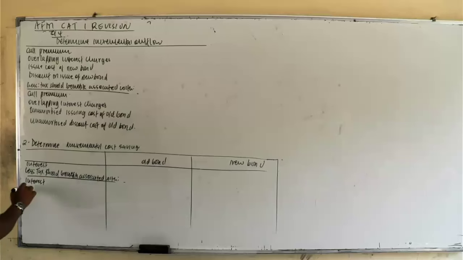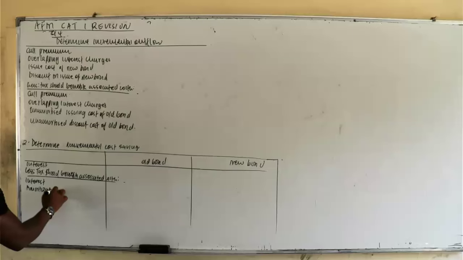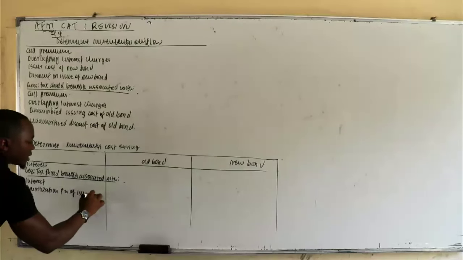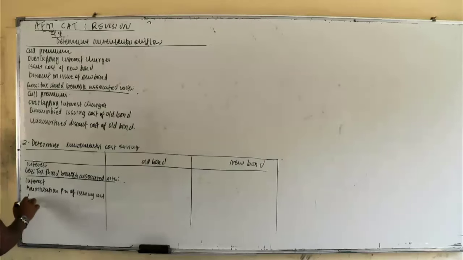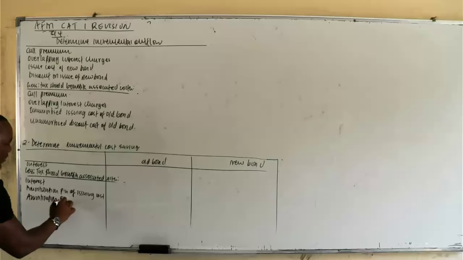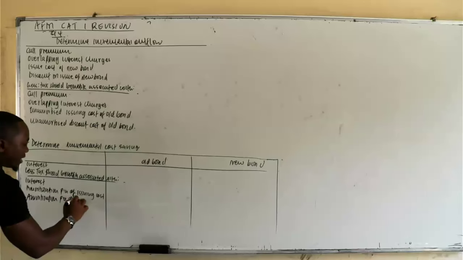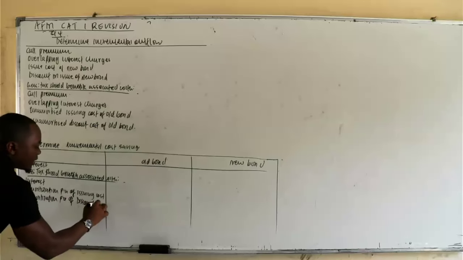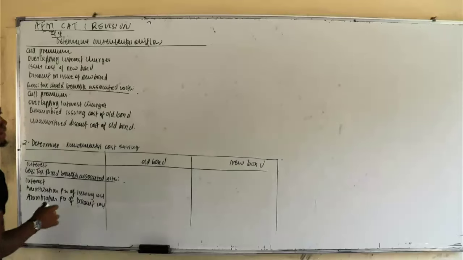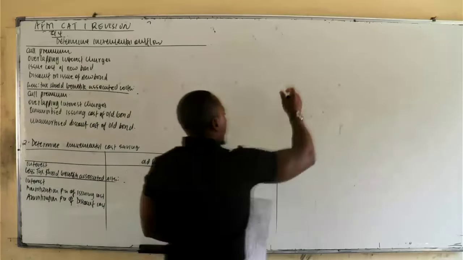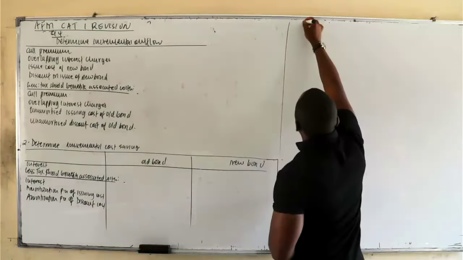Number two is the amortization per annum of the issuing cost, as well as the amortization per annum of the discount cost. And then lastly, we evaluate using NPV.